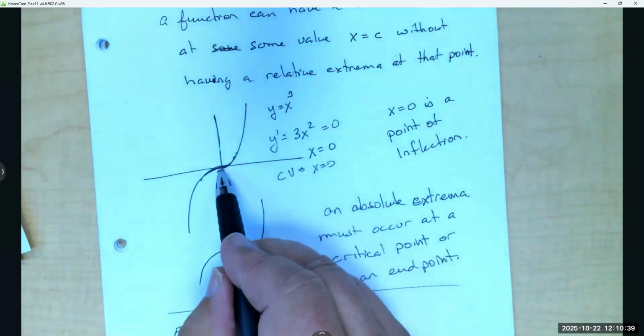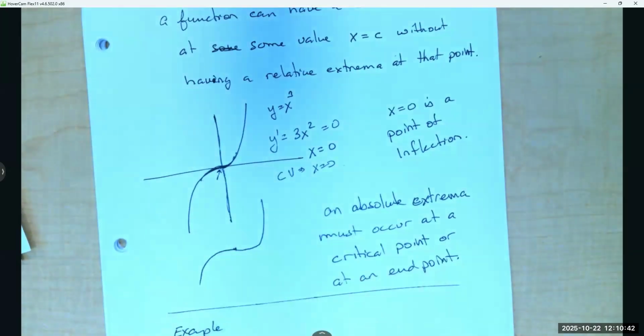And we're going to look more into extreme points of inflection later on. There's a much easier way to find those and what they really mean.